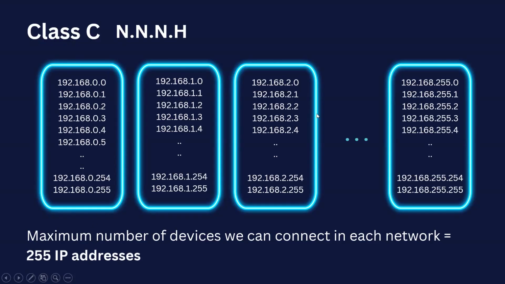No matter which network you take, every network has the same number of hosts in it, from 1 to 255. So this is where we use class C, in small networks such as home networks or organization networks, where you don't have a requirement for connecting more than 255 devices. There you go for class C. Is that clear, everyone, what the network and the host portion signifies?